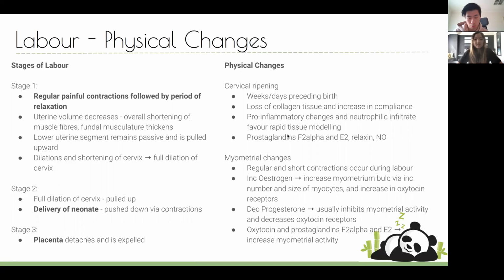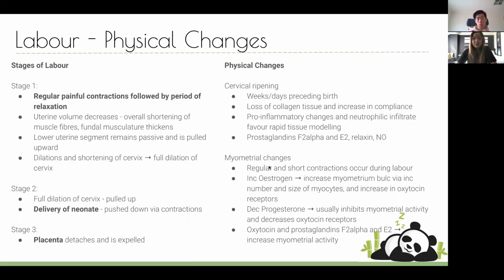Physical changes, like I mentioned before, you have your cervical ripening. That happens days to weeks preceding birth. Essentially it's just a loss in collagen tissue that causes more compliance, allows the cervix to be more bendy so that the child can pass through.